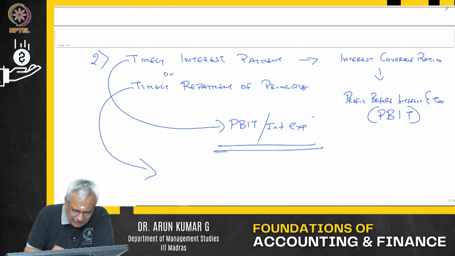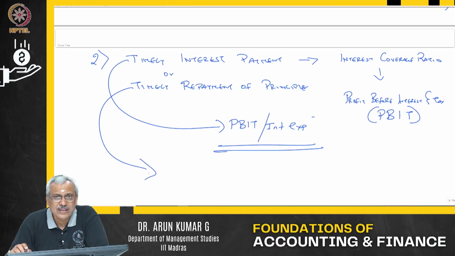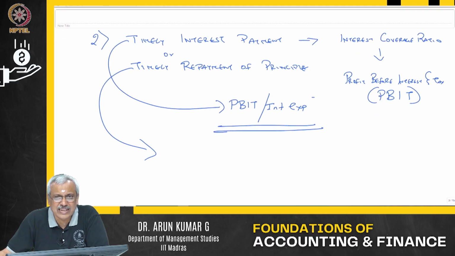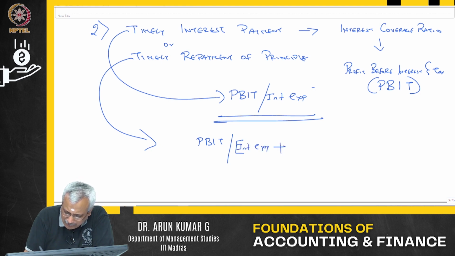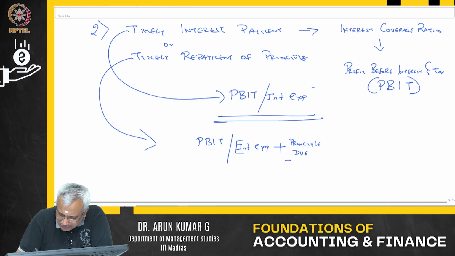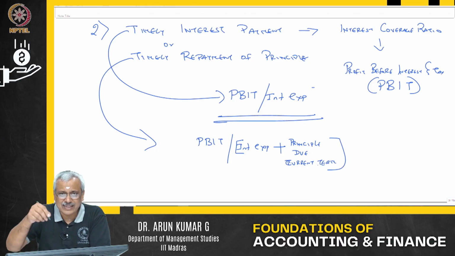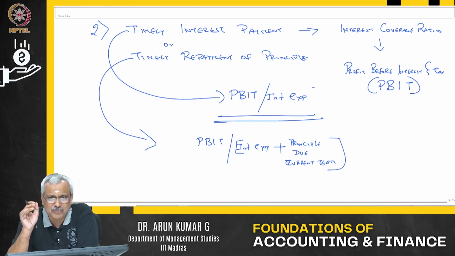For example, I said 10,000 crores, 1,000 crores every year. So, is the profit before interest and tax sufficient to pay the interest expenditure plus the principal due in the current term? Current term means the current period.